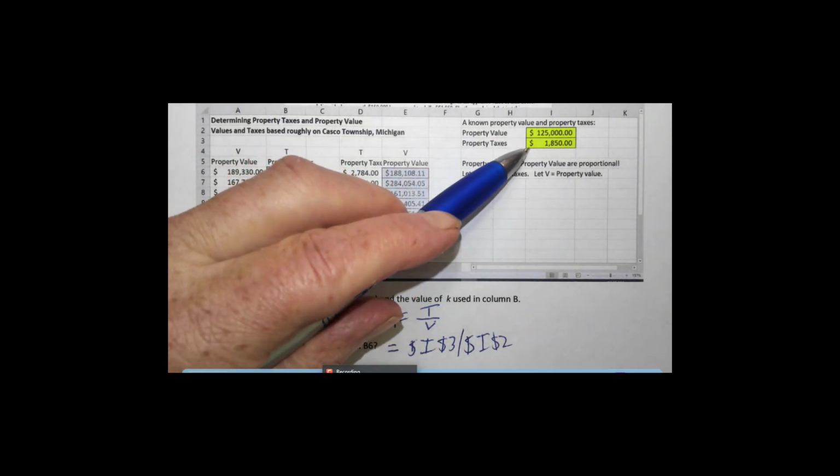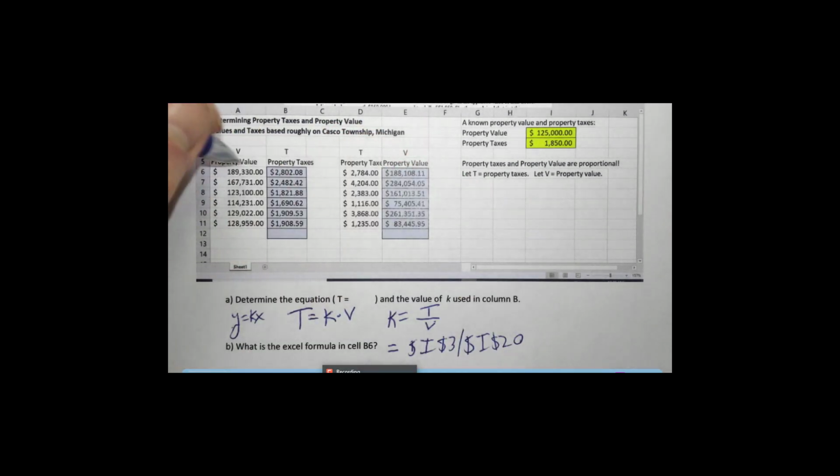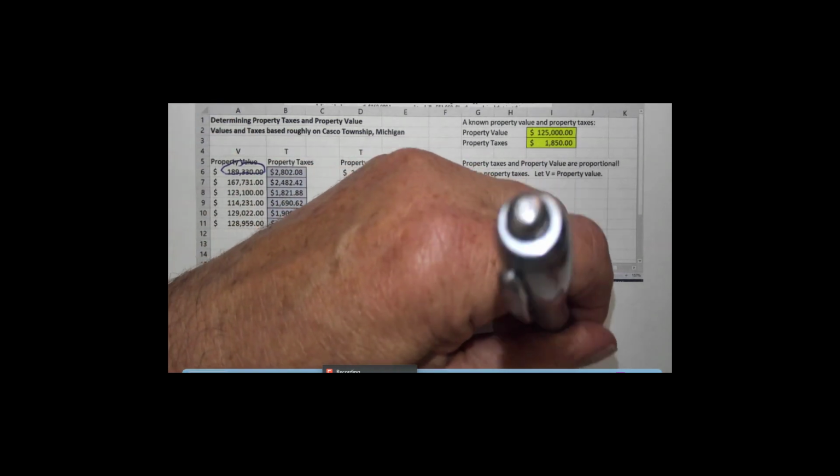There's K, taxes divided by value, times this cell here, which is A6.